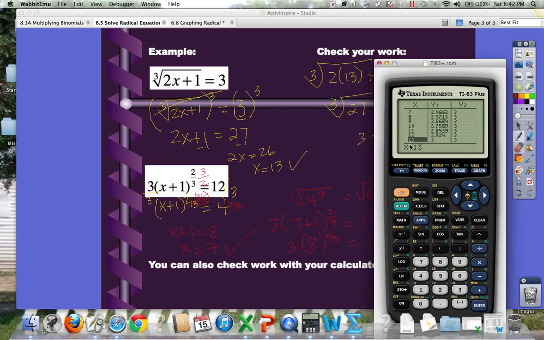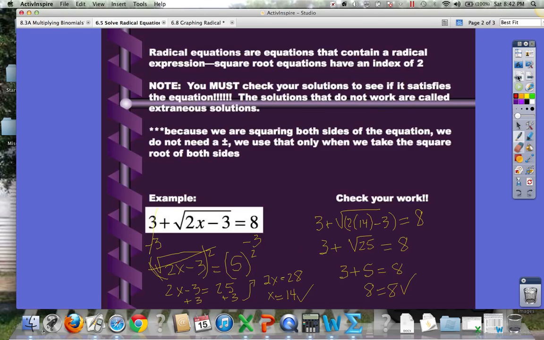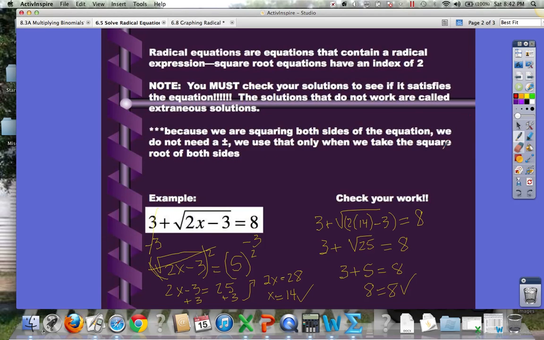All right, so let's go and look at the very first problem. This problem right here. I want to put this in my calculator.